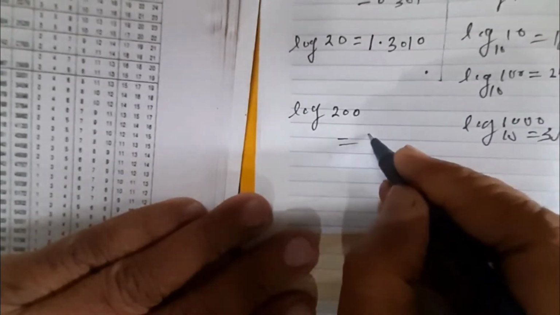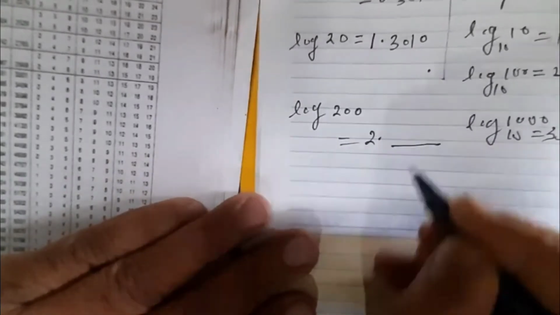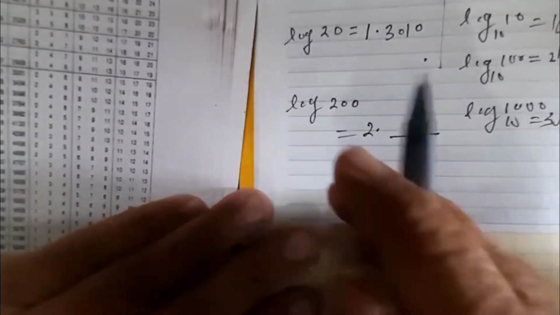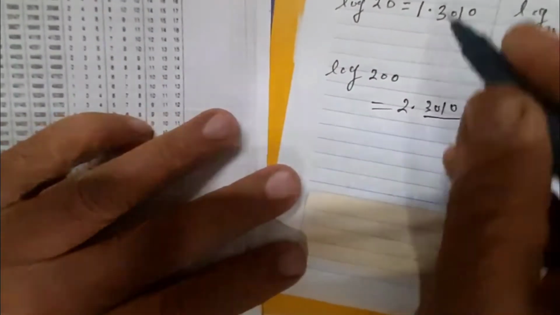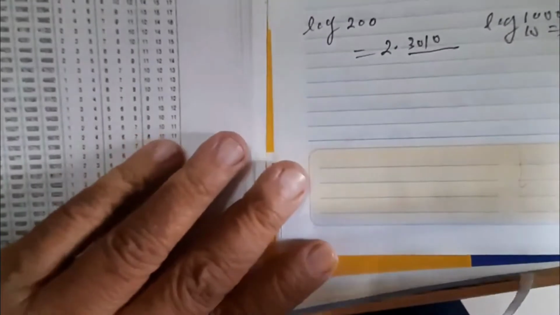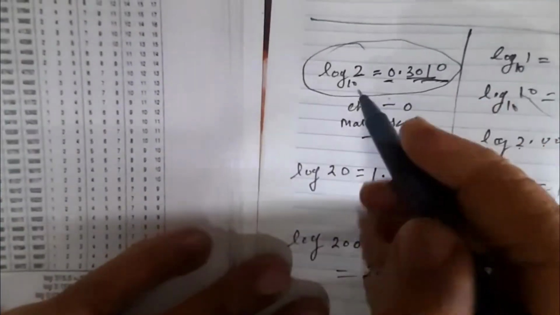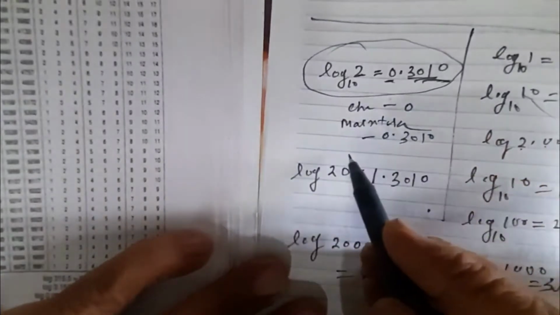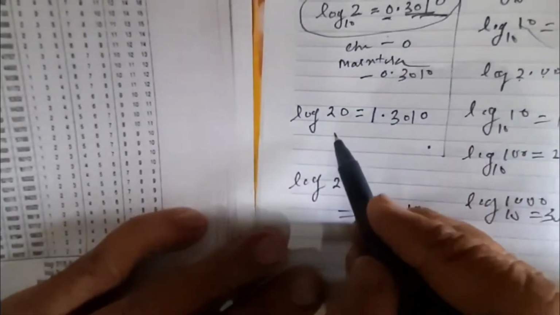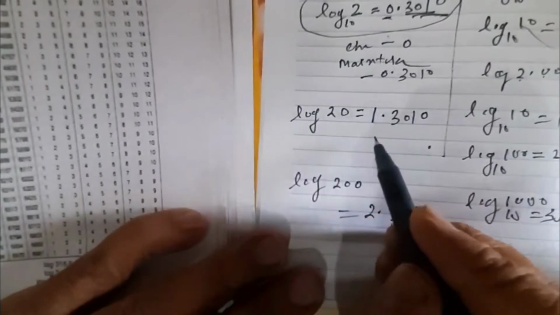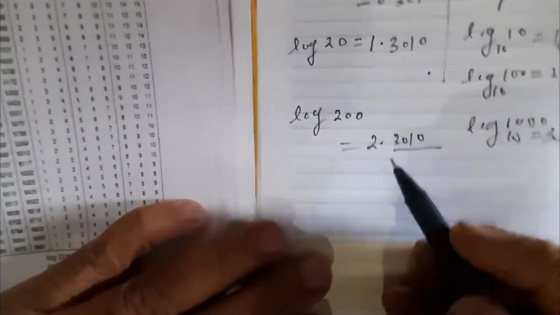So the characteristics is 2, and the mantissa part is again 3010 from the table. In this way, we can find the value of log 20. For log 2 the characteristics is 0, here the characteristics is 1, and here the characteristics is 2.